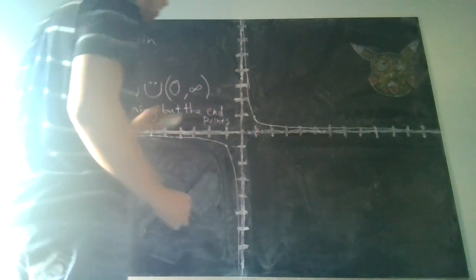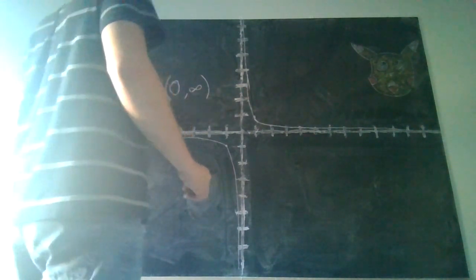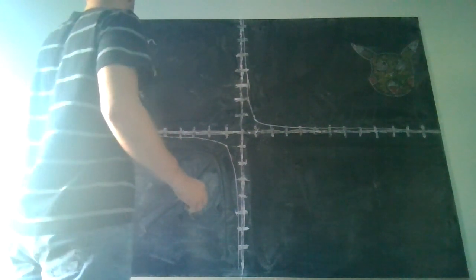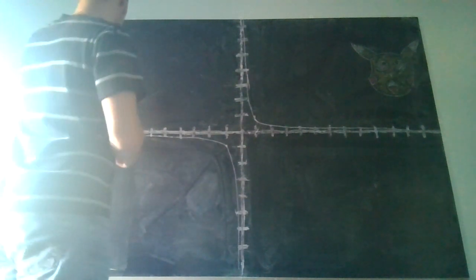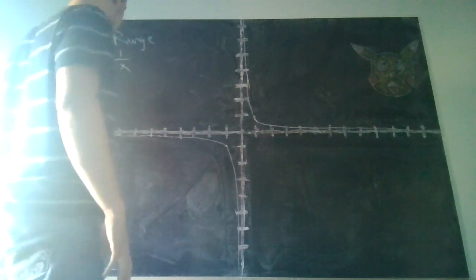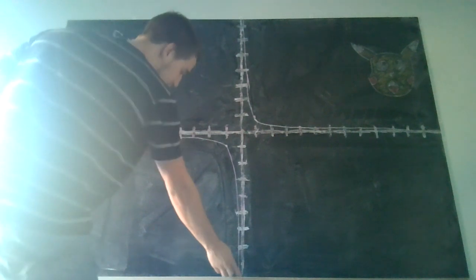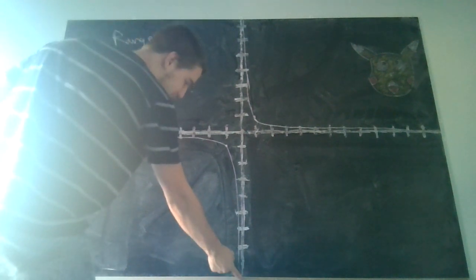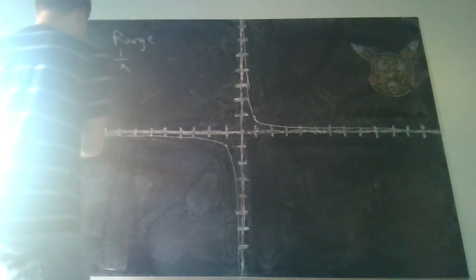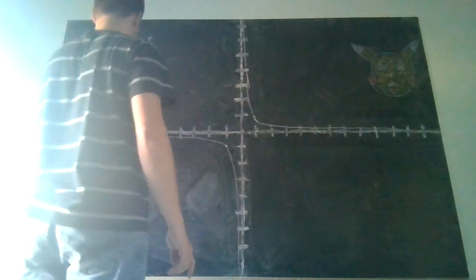If we want to flip the script for a moment and look at range instead, then the range of 1 over x is going to be the same, because over here we have everything from as close to minus infinity as we want to get, all the way up to as close to 0 as we want to get.